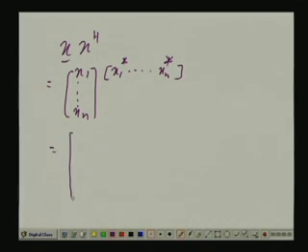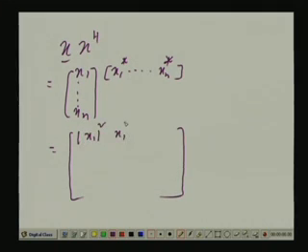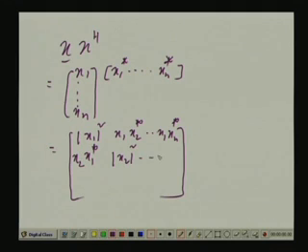Which means we will have terms like mod x1 square, then x1 x2 star, then x1 xn star, then again x2 x1 star, then mod x2 square likewise.